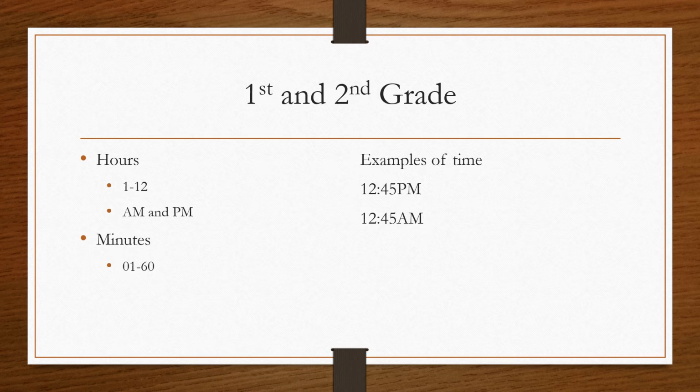So that means 12:45 p.m. is lunchtime, 12:45 a.m. is in the middle of the night. 4:06 a.m. is very early in the morning. 4:06 p.m. is kind of later in the afternoon.